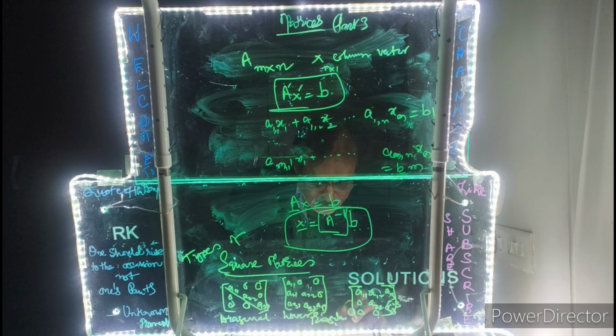Of course, you might have guessed it, this is the upper triangle, meaning the other is the lower triangle. So we call this a lower triangular matrix, and this is the upper triangular matrix. So these are the types of square matrices.